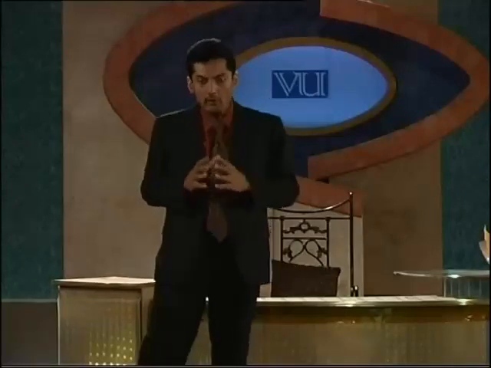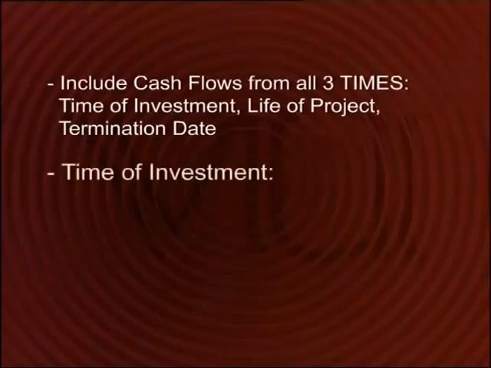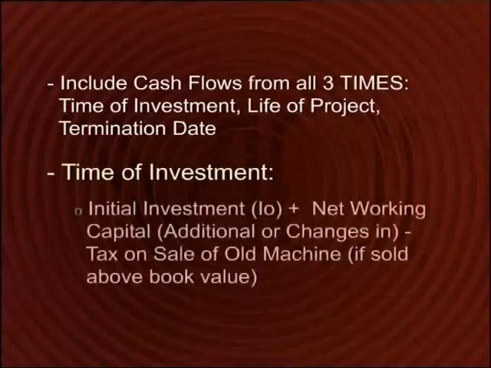So let's talk about the kind of cash flows that you can expect to see in each one of these periods. The first one is the cash flows at the time of investment, let's say the present time. Here, the kind of cash flows that you have already seen are the initial investment, which is a cash outflow, represented by a downward pointing arrow in the cash flow diagram.